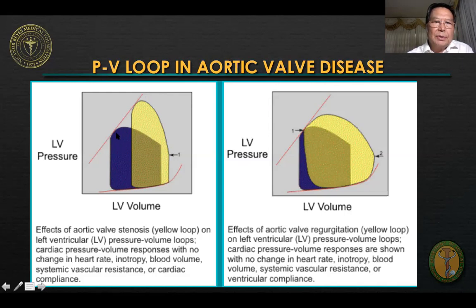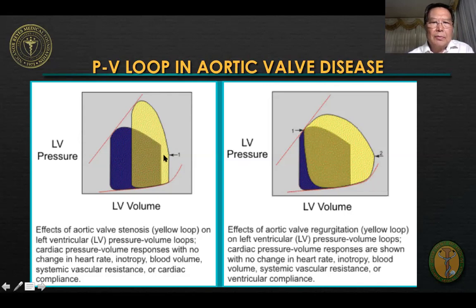Again, if this were the peak systolic pressure of the normal or control group, meaning people without aortic stenosis, this is the peak systolic pressure elevated in patients with aortic stenosis. And what happens to the stroke volume? Your end diastolic volume minus your end systolic volume, if it were normal, would be this.